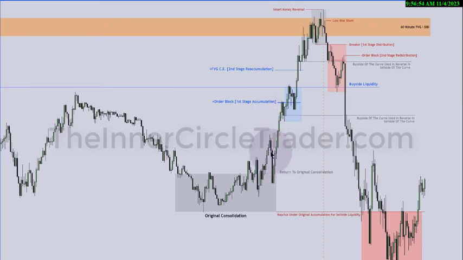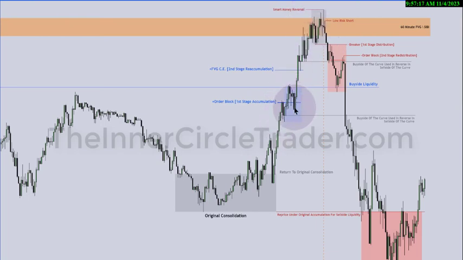So many of you may not have seen this as a return to the original consolidation. You may have seen this as relative equal highs being taken, and now it's going to go lower, not knowing all the other narrative that I've outlined here. So down close candle here in the scope of a bullish price run during buy side delivery, aiming for this area up in here.